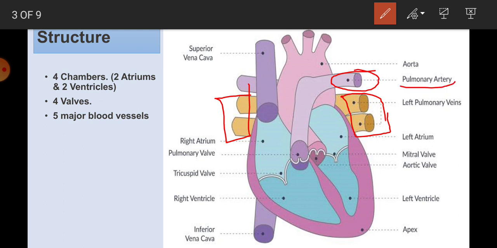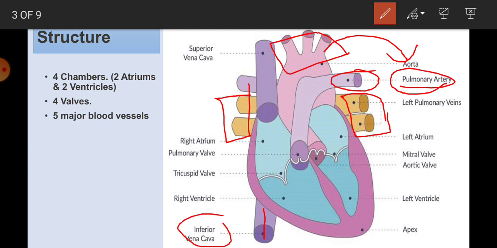This is the pulmonary artery. These 3 are aorta, and this is the inferior vena cava, superior vena cava here. Okay, these are the main blood vessels in the heart.